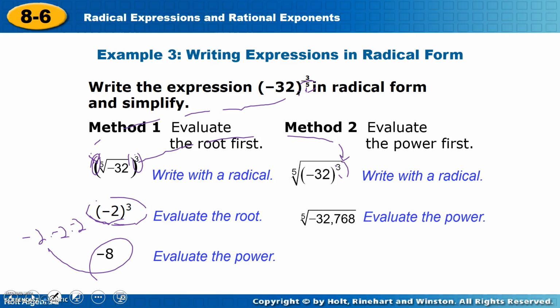And that would give you -32,768. And then you're going to take the fifth root of the negative 32,768. And that would give you a negative 8. So you see that you can approach this in two different methods. You are welcome to choose whichever one you want, whichever one you feel the best about.